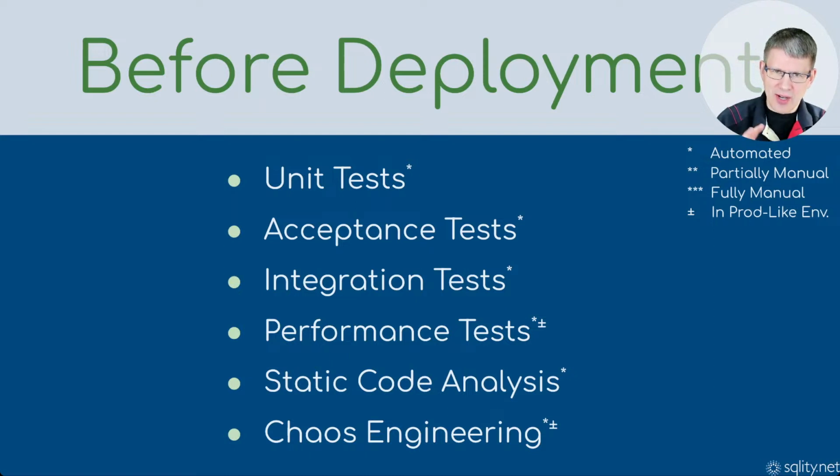Acceptance tests also test that everything works in concert, that the pieces are connected to each other correctly, and that is also the point of integration tests. If you have a good suite of acceptance tests, you probably can get away without writing specific integration tests. But either way, both of them should get executed before deployment.